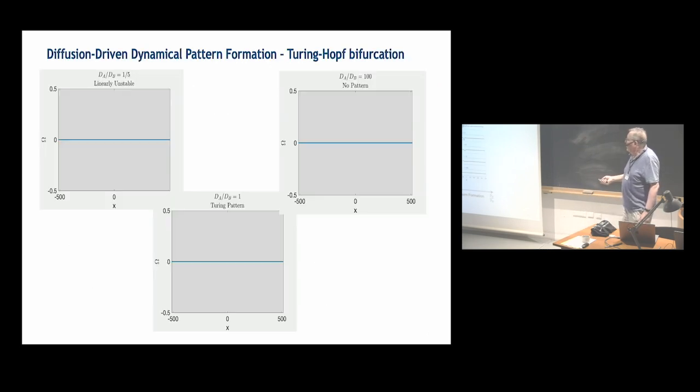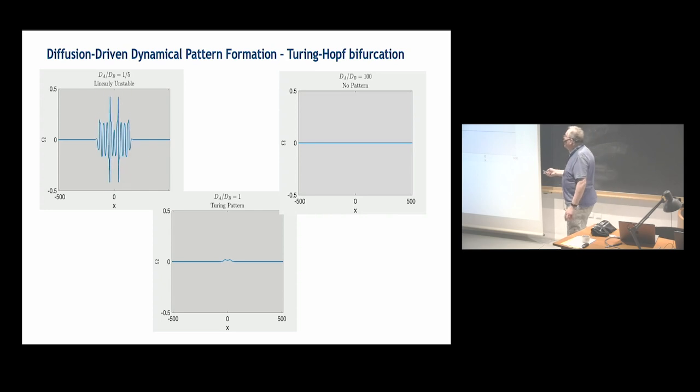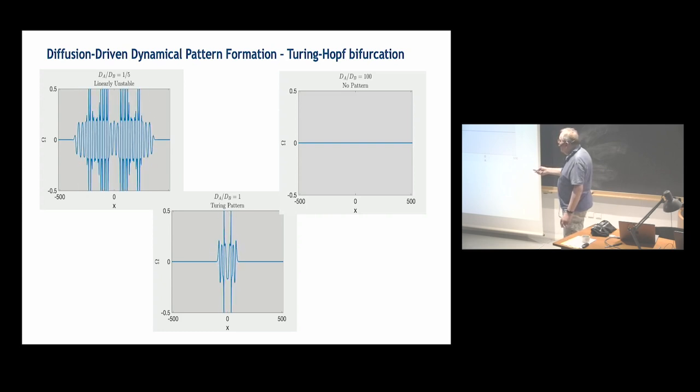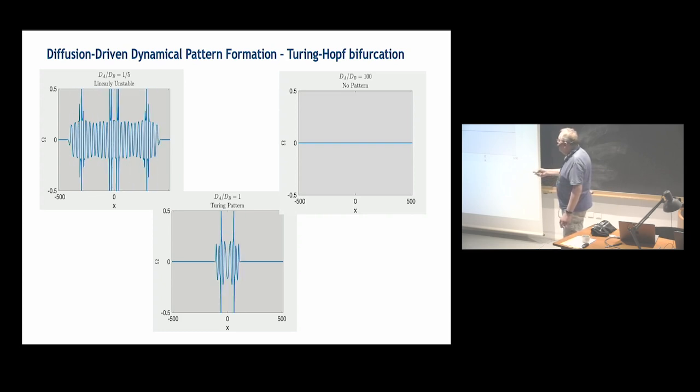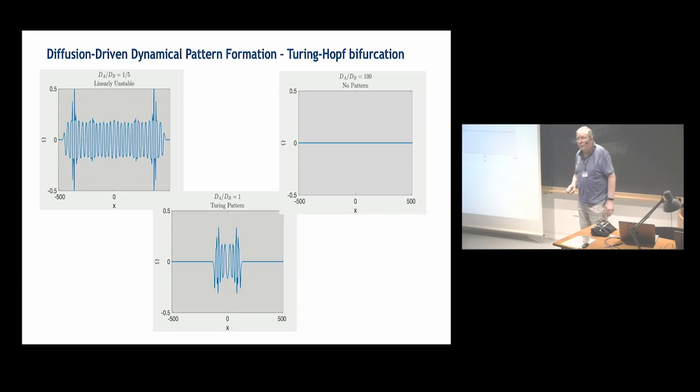There can be other stuff. Some of it is, decide whether interesting or not. There I didn't get any obvious patterns, but there are diffusion constants in this problem associated with the two components. Okay? And in the case where they're relatively similar, you get actually what's called a Turing-Hopf bifurcation.